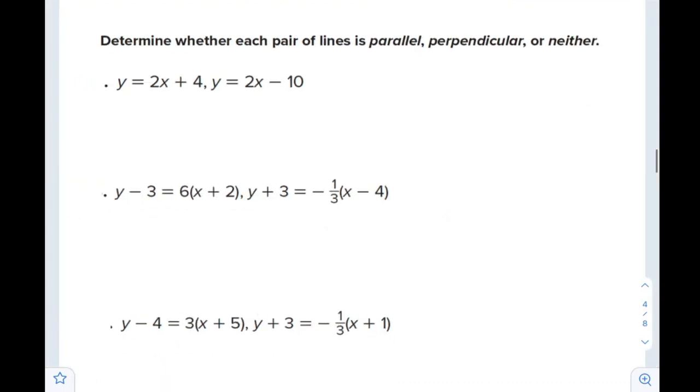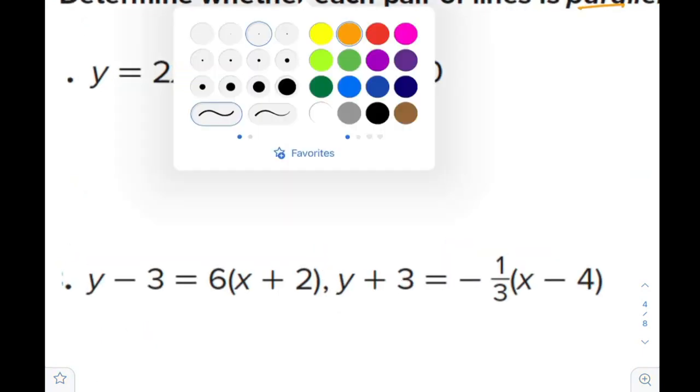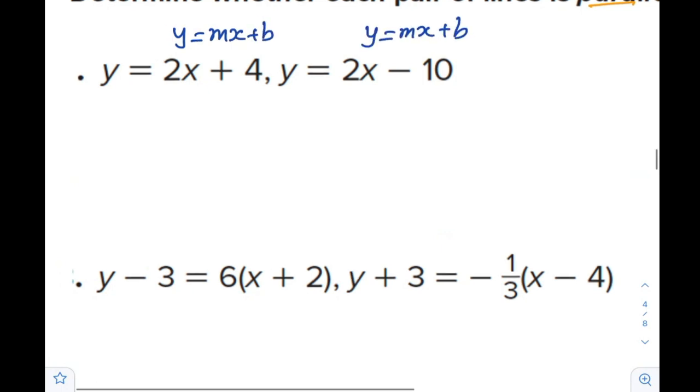Let's see this one. Determine whether each pair of lines is parallel, perpendicular, or neither. Now, what is the form in which this equation is written? This equation is written in slope-intercept form, which is y equals mx plus b, and this one is also written in this form. So for this equation, directly, this is my slope.